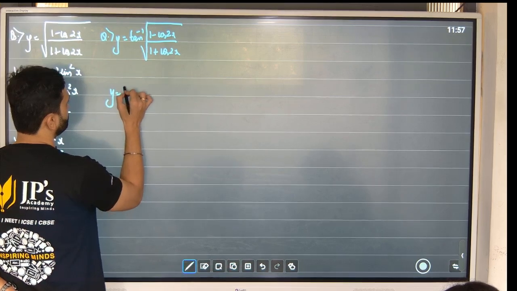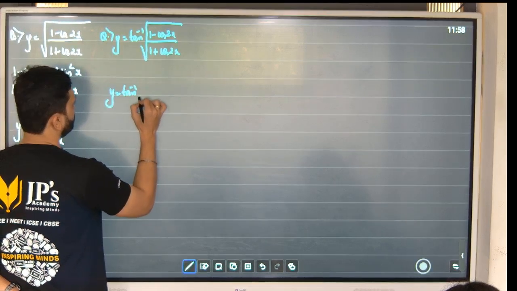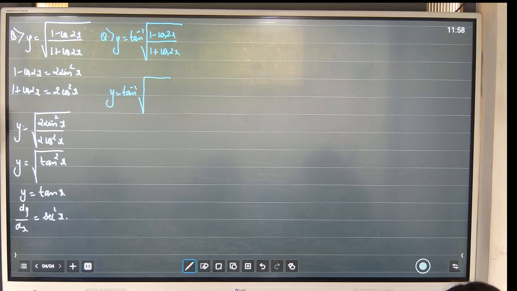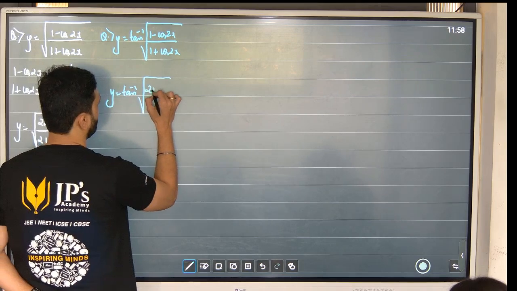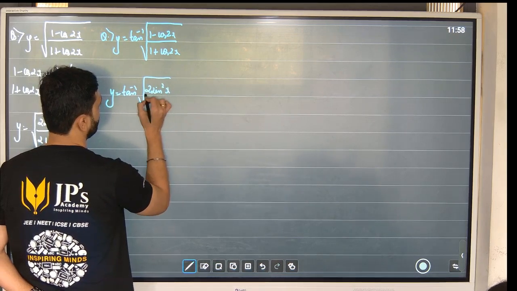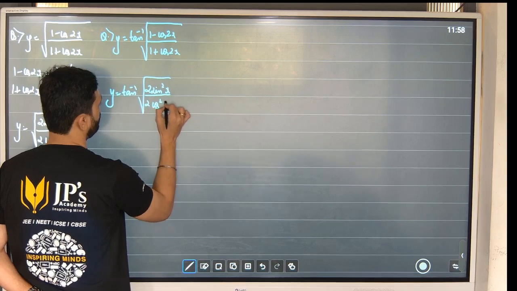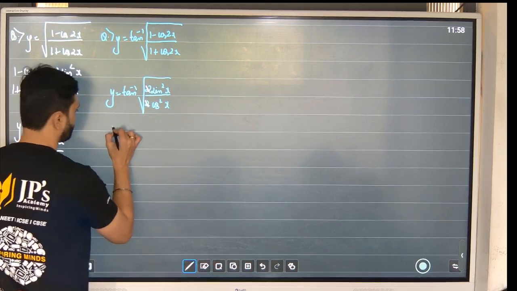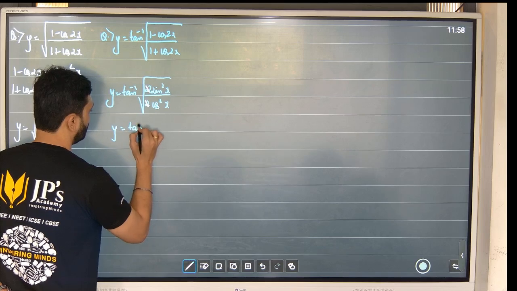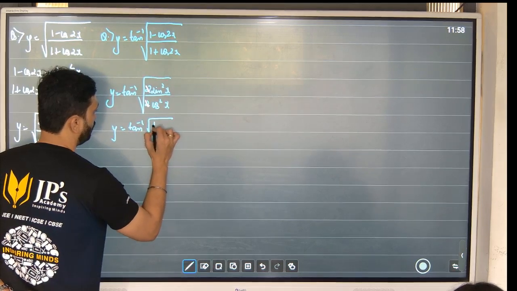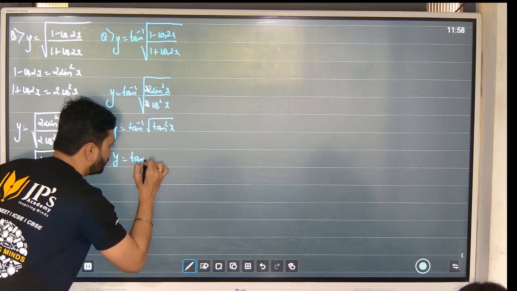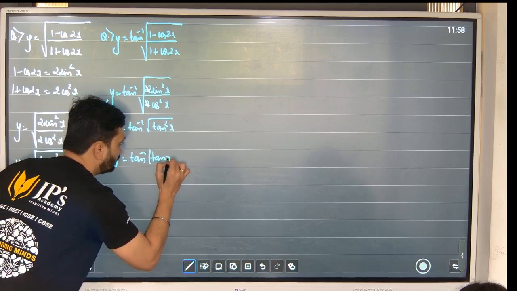So this will become y is equal to tan inverse of, what is the formula for 1 minus cos 2x? 2 sin square x. What is the formula for 1 plus cos 2x? 2 cos square x. So this will become 2 sin square x upon 2 cos square x, which will become y is equal to tan inverse of root of tan square x. So y is equal to tan inverse of tan x.